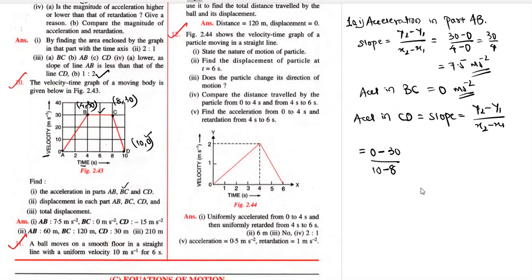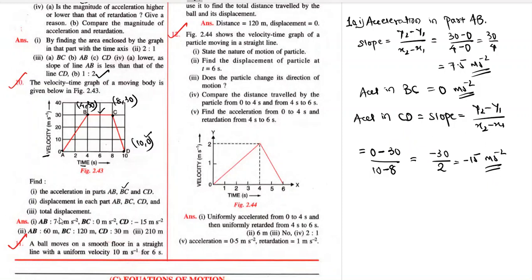So 0 minus 30 upon 10 minus 8, x2 minus x1. Perfect. So minus 30 upon 10 minus 8, which is 2, gives minus 15 meter per second square. That is the acceleration in CD.